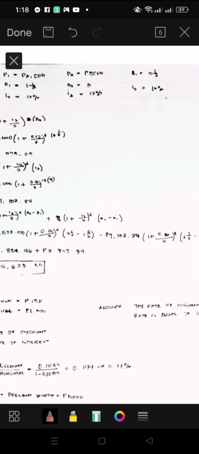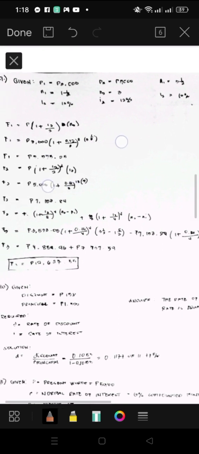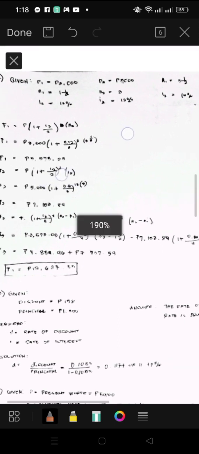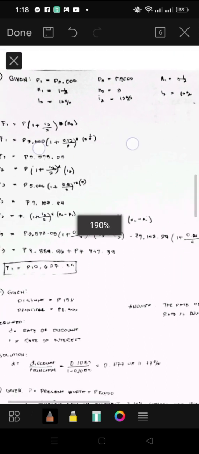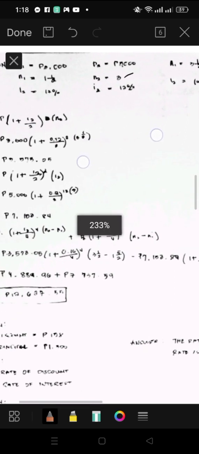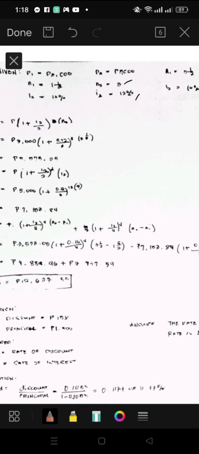P2, as stated, is equal to 5,000, and n2 is 3 years, and then 3.5 years, and i is equal to 12%. So P3 is unknown, so it is required. So the i is 16%.